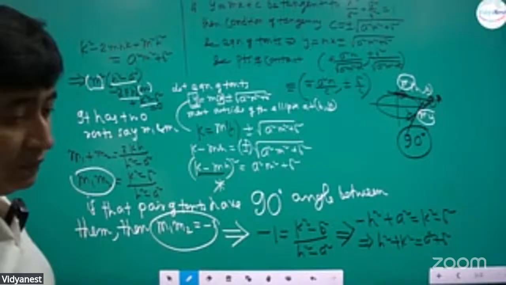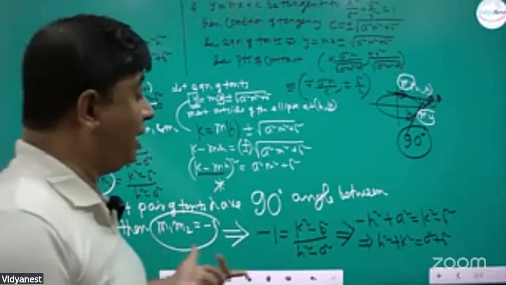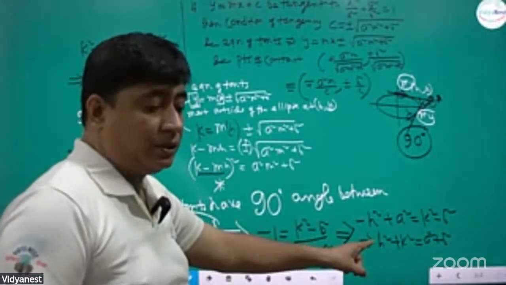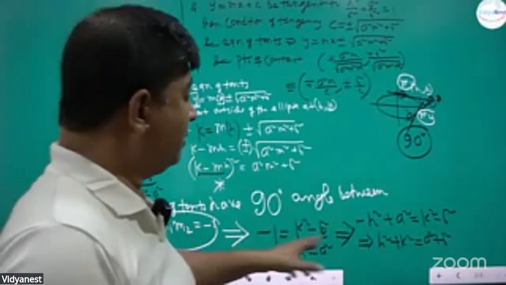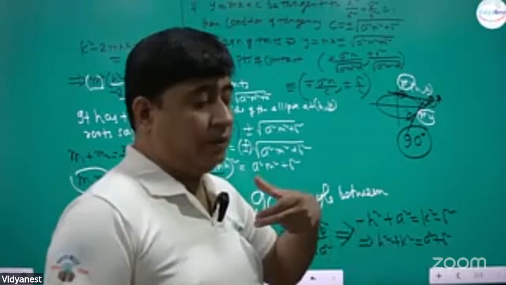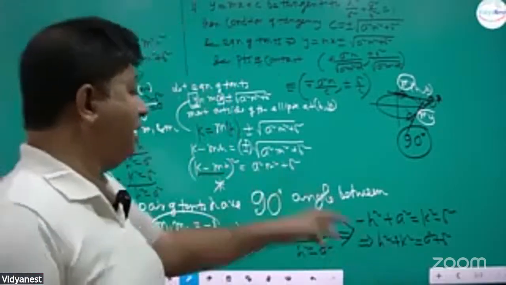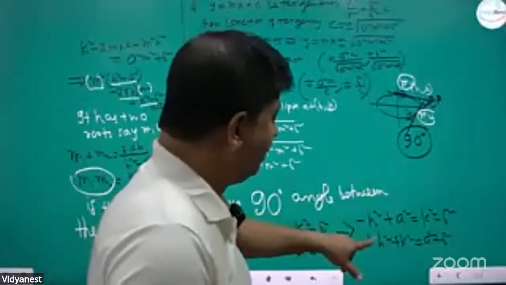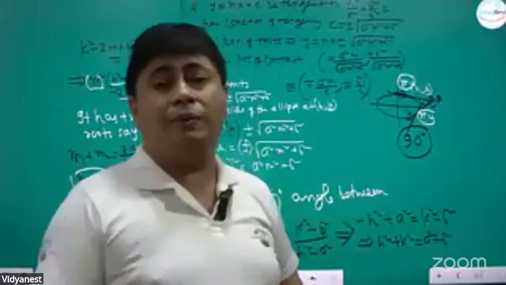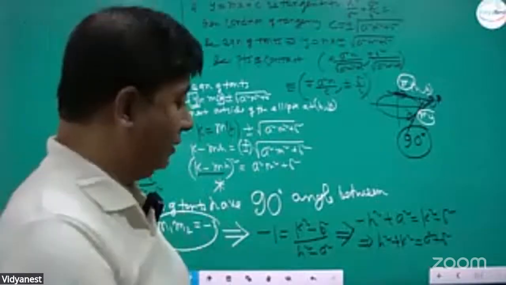Okay. So what is the locus of hk? In place of h, I will replace x, because this is a generalization. hk means any point. So how can I generalize it? In place of h, I will put x. In place of k, I will put y.